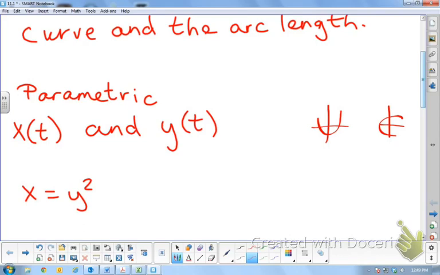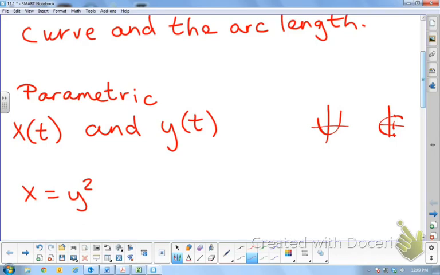For every x value, there is only one y value. Whereas a relation, if I pick this x value, there's 2 y values. So relations are harder for us to work with, but if we split it up and work with it in a parametric mode, then each piece of the parametric function itself will be a function.